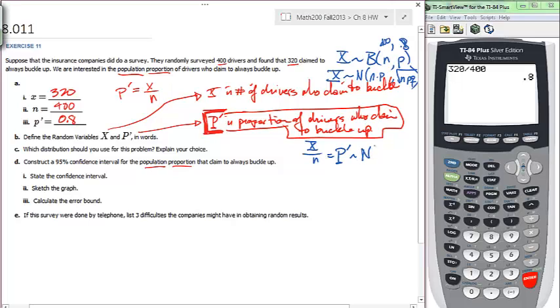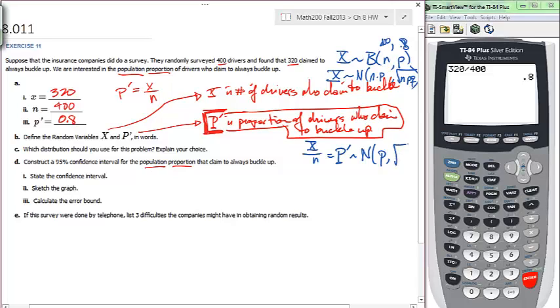Now imagine the normal distribution whose mean is n times p, and whose standard deviation is the square root of n times p times q. If you divide n times p by n, then you're just going to get p, and so for this particular proportion random variable, our normal distribution will have a mean of p and a standard deviation of the square root of n times p times q divided by n.